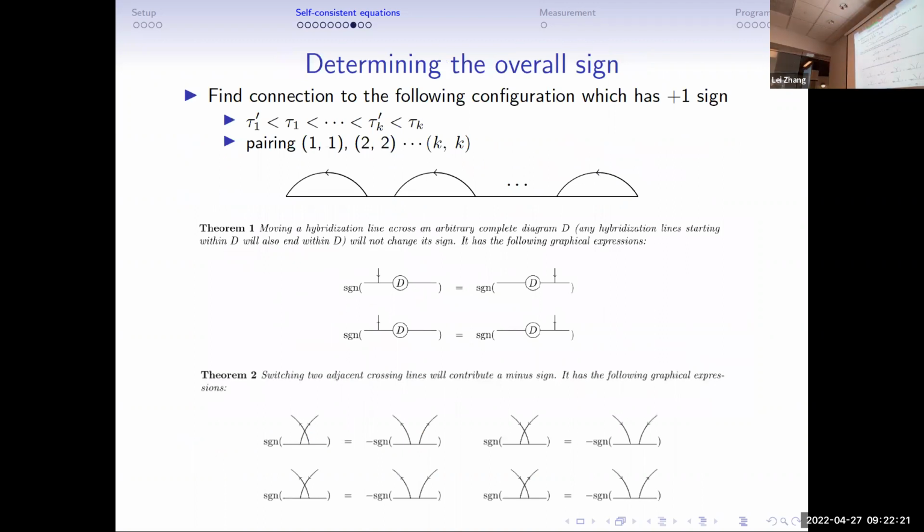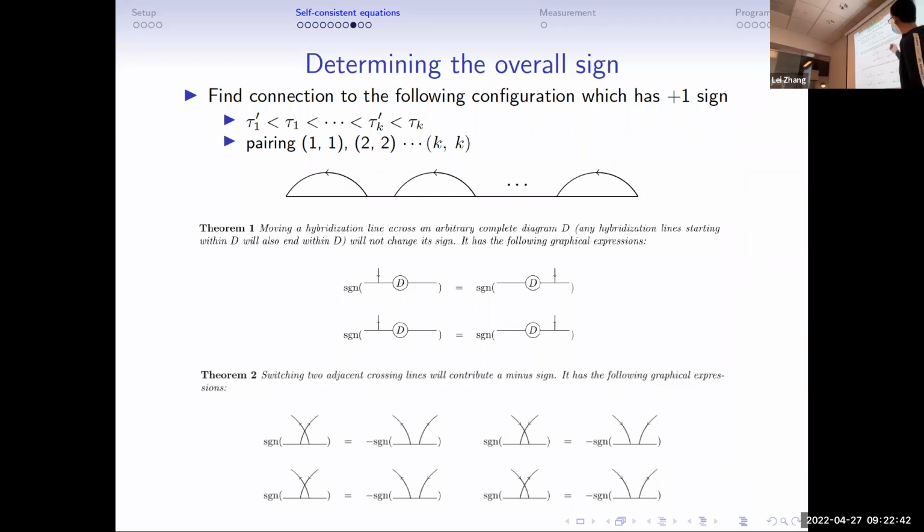So in the literature, people usually use the Levi-Civita functional to analyze that. But I found a more straightforward way to analyze the overall sign. So the main idea is to find the connection to the following configuration, which we know has a plus sign.